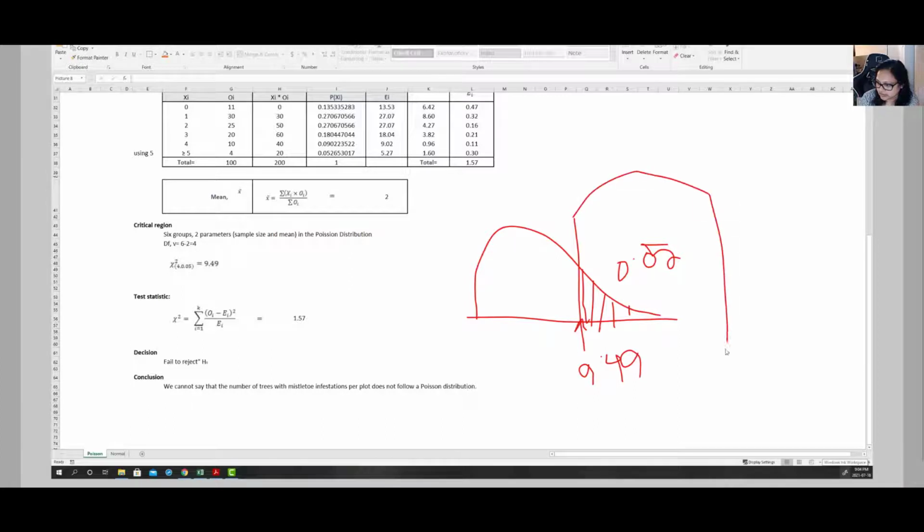If anything falls within here, then we are going to reject the null hypothesis. But in our case, we have 1.57, so 1.57 will be somewhere here. That means it's not falling in the critical region, it's falling in the acceptance region. That's why we cannot reject the null hypothesis.